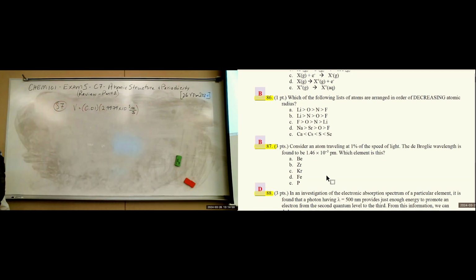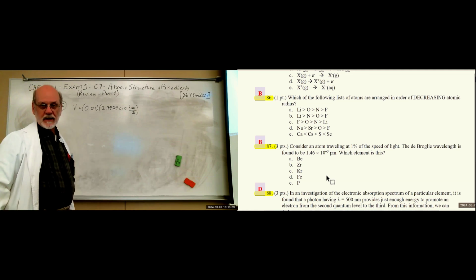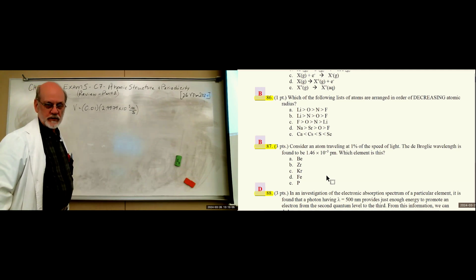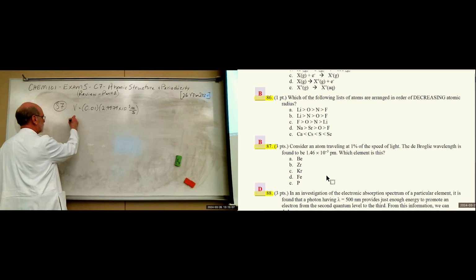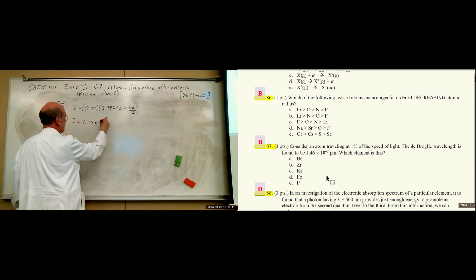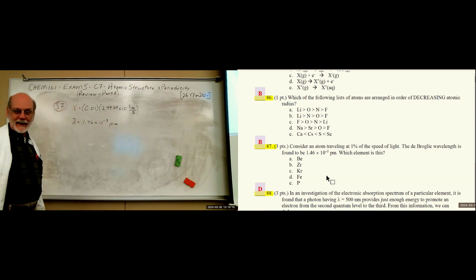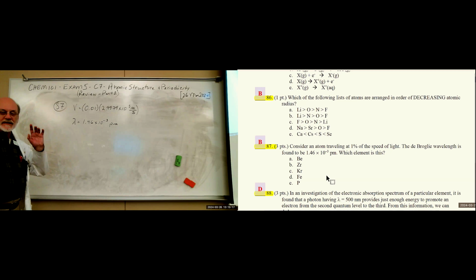Okay. And what else do we know? The wavelength is 1.46 times 10 to the minus third picometers. Okay. How are we going to identify the element? Remember, there are only two ways to learn what the element is.